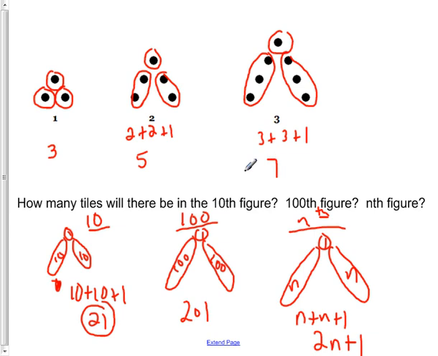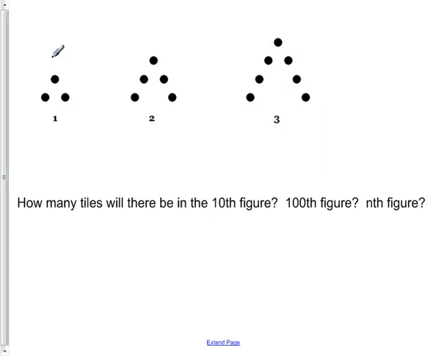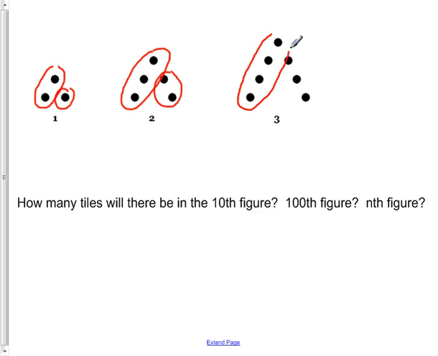Okay, but when I looked at this a little longer, I saw a different pattern. It's pretty similar, but I saw this broken up a little bit differently. So I saw these two, and then just 1 sticking off the side. Then on the left, I saw these 3, and then 2 sticking off on the right. And then over here, I saw it as 4, and then 3 sticking off on the side. So I just counted the left, and I included the top, and then I counted the right.